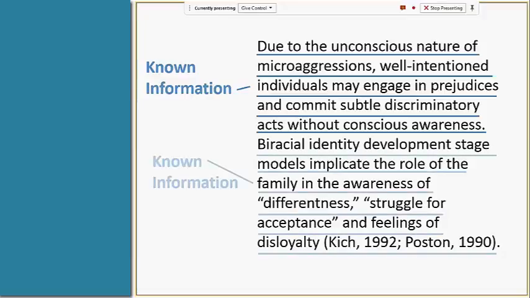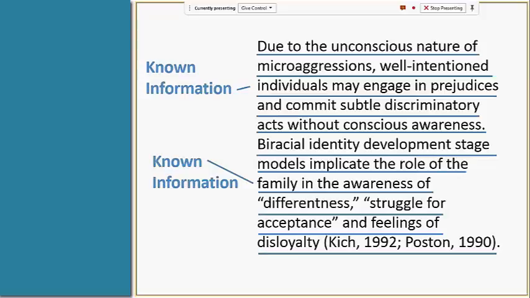And then we have more known information, but this time we get down to what's known about the biracial aspect of the proposal or of the topic. Biracial identity development stage models implicate the role of the family in the awareness of differentness, struggle for acceptance, and feelings of disloyalty.